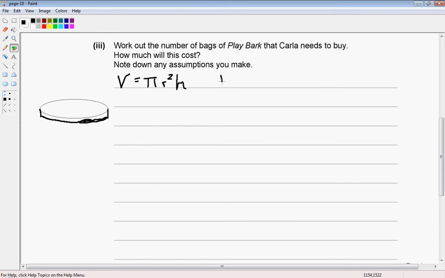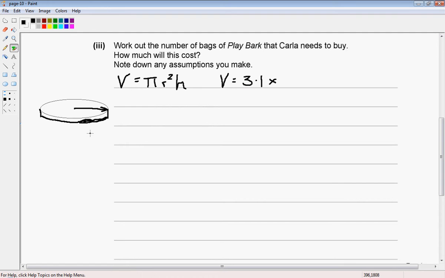So our volume is going to be 3.1, because we know this is pi, multiplied by, now the radius you should know is the distance from the center out to the edge of the circle.